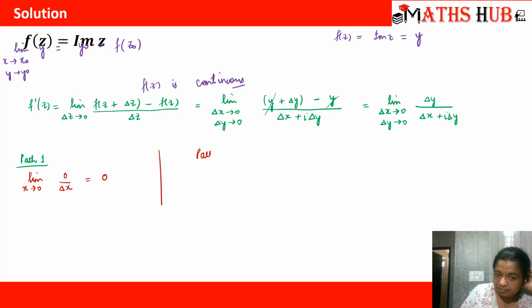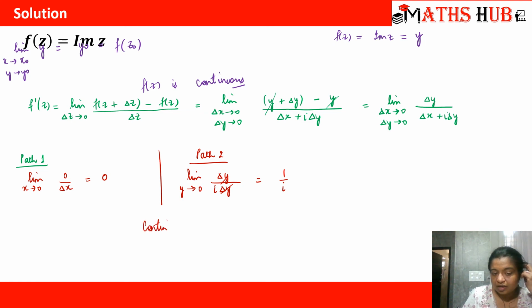Now along the second path, path number 2, let us put x approaches 0. So when x is approaching 0, you will get delta y upon iota delta y. So you will get the value as 1 by iota. So again, you can see that it is not differentiable, right? So it is continuous, but not differentiable.